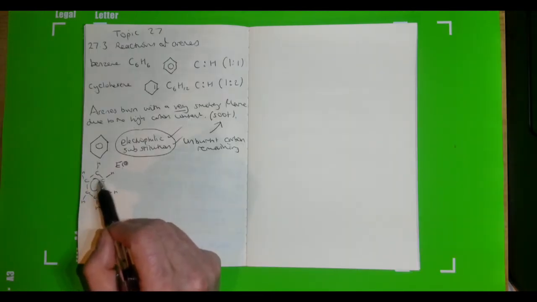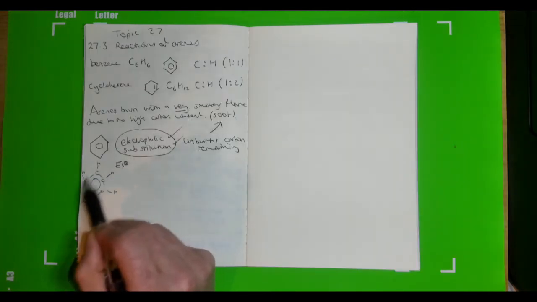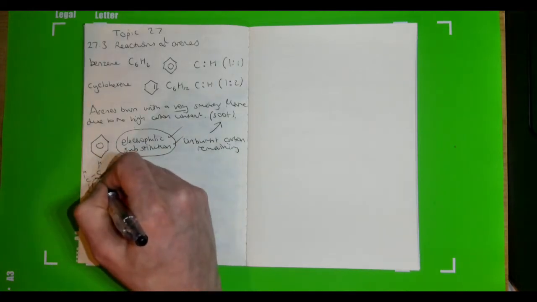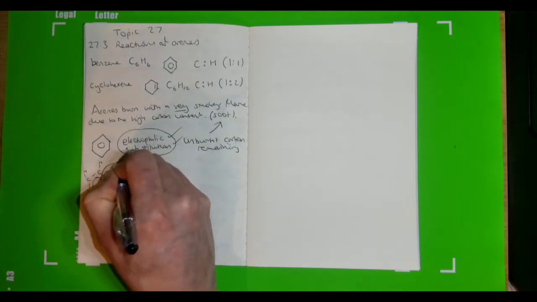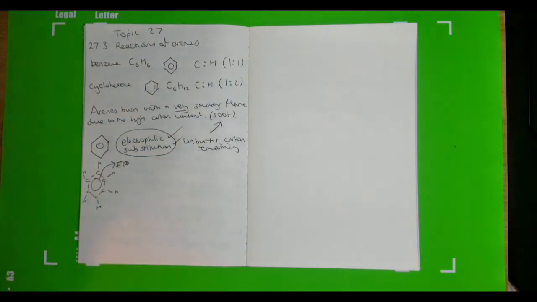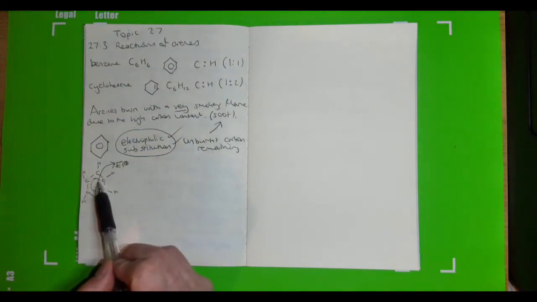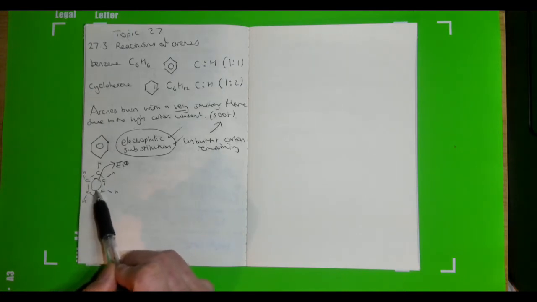Here, the electron density comes from the ring, and we have a curly arrow that goes from the ring to the electrophile. This is the first curly arrow we've seen so far in A-level chemistry that comes from a ring. It doesn't come from a particular bond, because remember that electron density is delocalized.